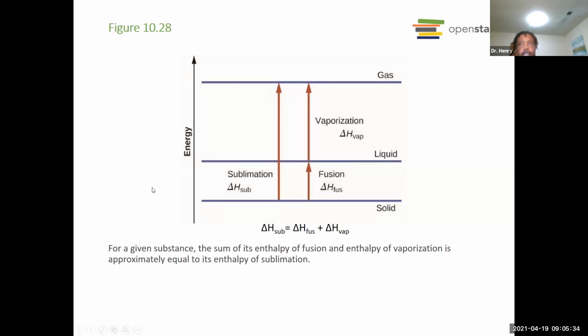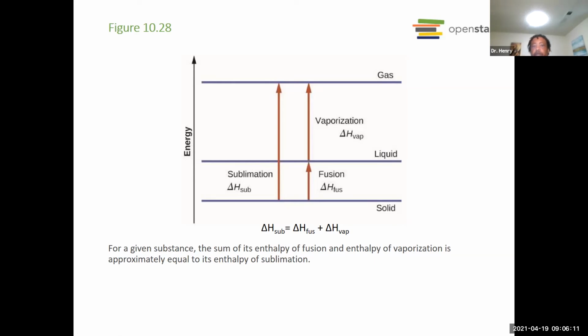You could get there in one step, going from solid to gas by sublimation, or you can get there in two steps, and they should be equal. The amount of energy it takes should be exactly the same. Does that make sense? So sublimation, from solid to gas, is equal to going first from solid to liquid, and then from liquid to gas. They're going to be equal to each other. Okay?